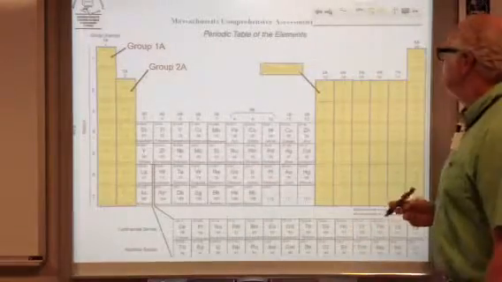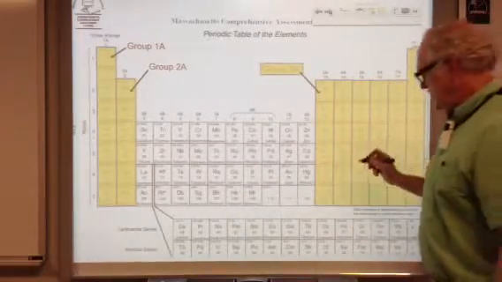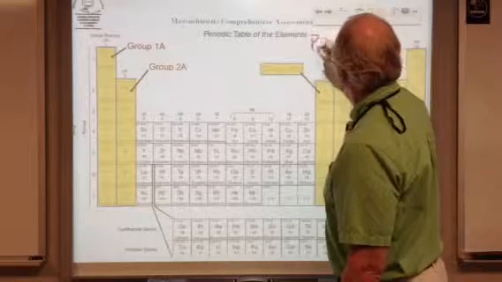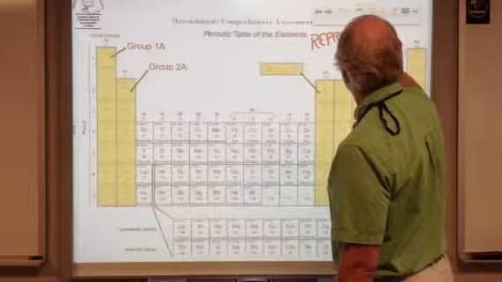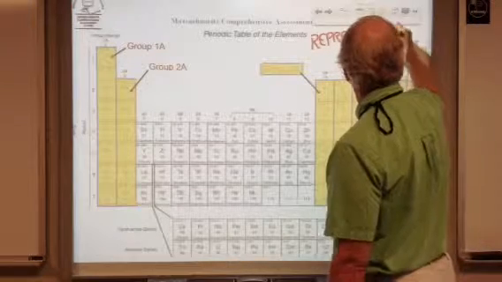So the elements in groups ending in letter A are sometimes called representative elements. I'll write that word down here. Representative elements, so we can talk about them all at one time.